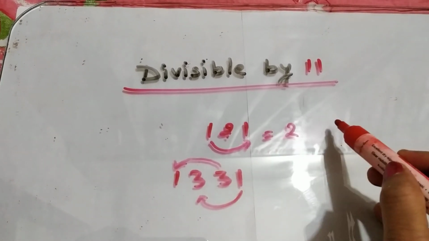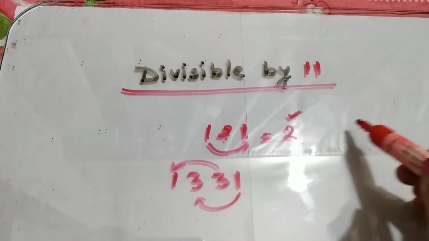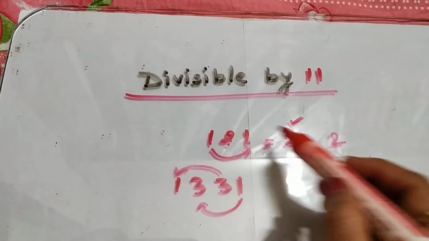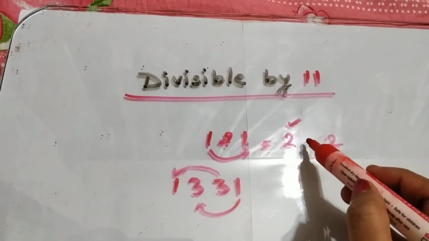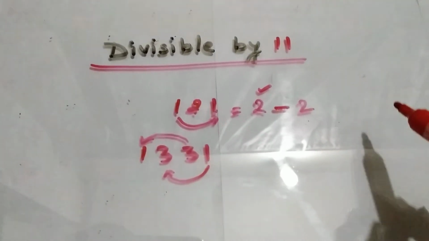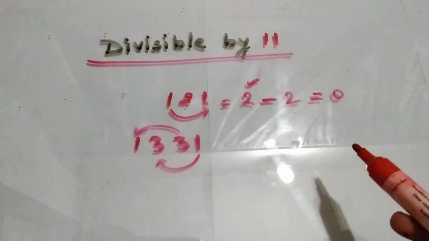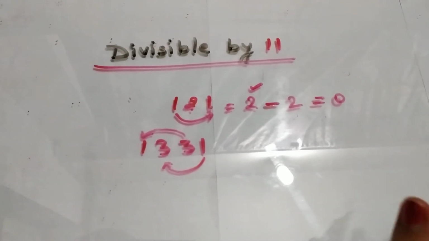So that is the sum of the odd places. And now we take the even place sum, which is only 2. We subtract the sum of odd places and the sum of even places from each other. If we get 0, or 11, or a multiple of 11, then the number is divisible by 11.